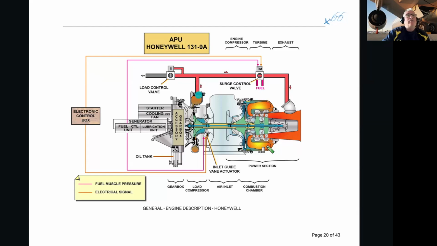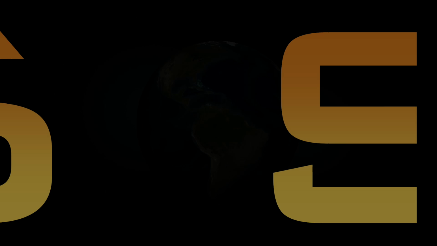So if it's producing 40 psi, 29 come this way because that's how the valve is regulated, and the rest of it goes out the surge valve into the back of the engine and out to the exhaust. So the surge control valve takes any surplus air that's not required for bleed and takes it overboard. Okay, so that's the one system in the bleed circuit, the one APU.